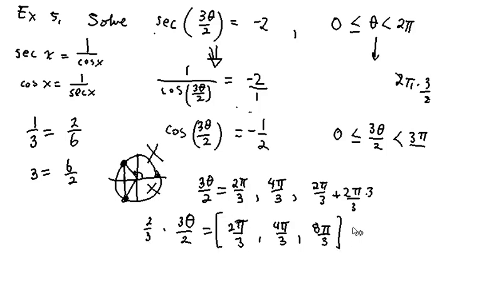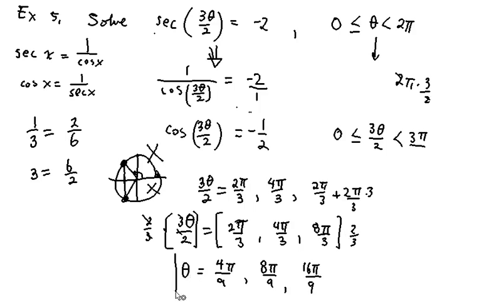Multiply all of these values by 2/3, and these will cancel, so I'd be left with theta over here. 2/3 times 2 pi over 3 would be 4 pi over 9, that would be 8 pi over 9, and that would be 16 pi over 9, and those would be my three answers. Okay, these three answers will make this statement equal to -2.